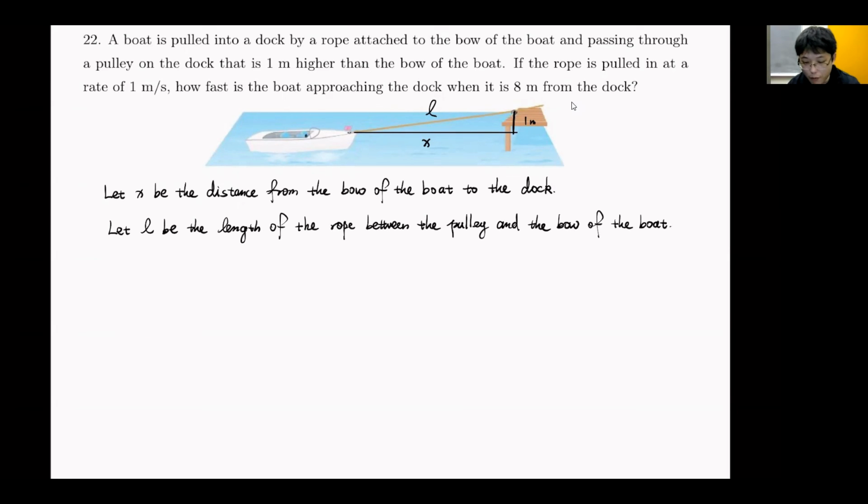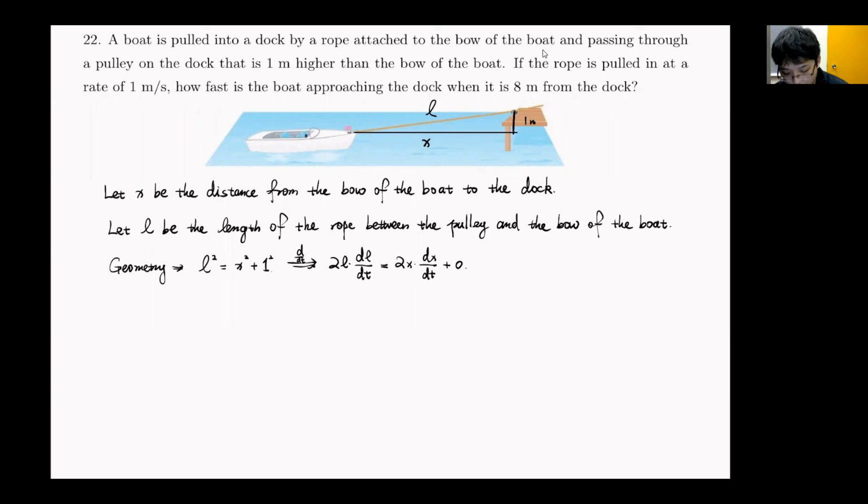Okay, so from geometry, or from the Pythagorean theorem, you see that L squared equals x squared plus 1. So if you differentiate on both sides, you see that 2L times dL over dt is going to be the same as 2x times dx over dt plus 0.